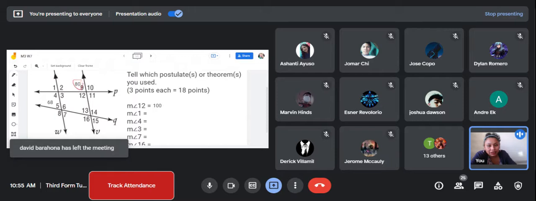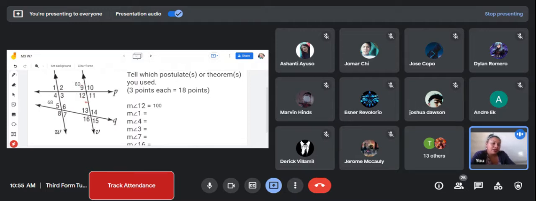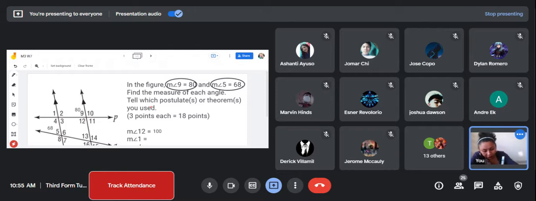If I know that this part is 80 over here, to find the other part I'm going to take the 180 of everything, subtract the 80 degrees that is here, and that will give me the 100 for the other side. Yes? Is it clear? Yeah, miss. Okay.